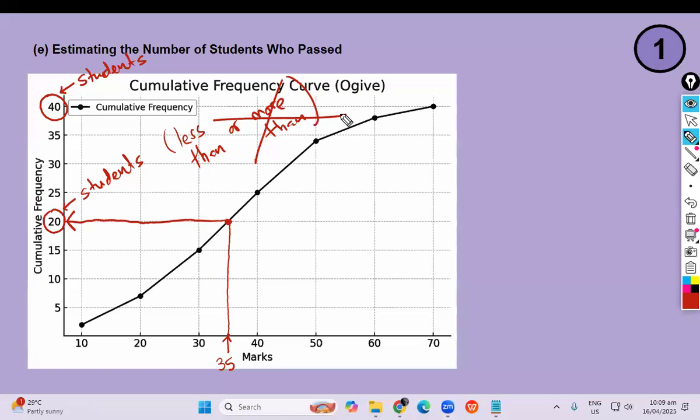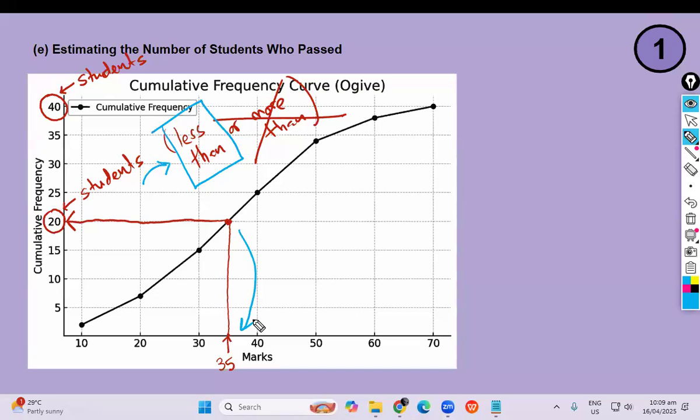Great. So how do we interpret this? That means 20 people, or in some cases 18 or 19 people, got less than this mark. That is how you interpret it.